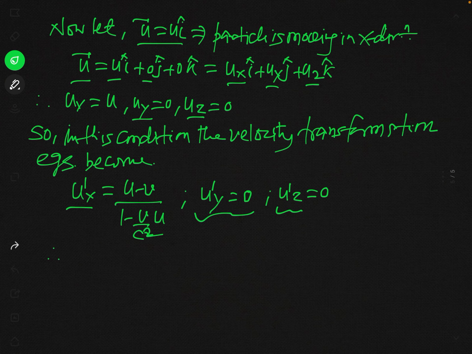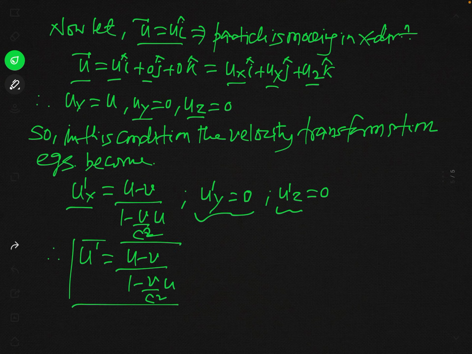So we write simply this equation: u prime equals u minus v over 1 minus v over c square into u. As I have told you, this is a special result, more important than the general result, because most of the applications, most of the problems asked in your examination are based on this result.